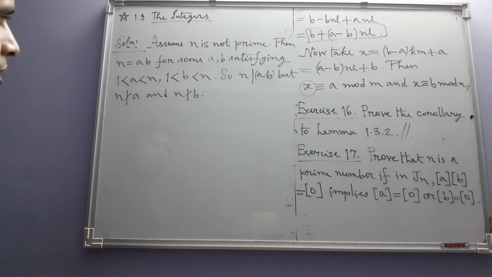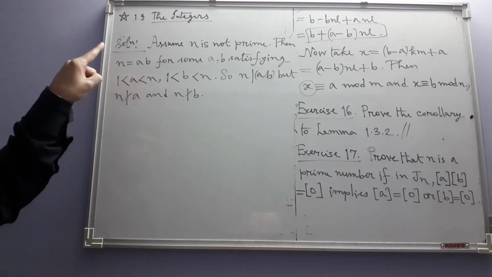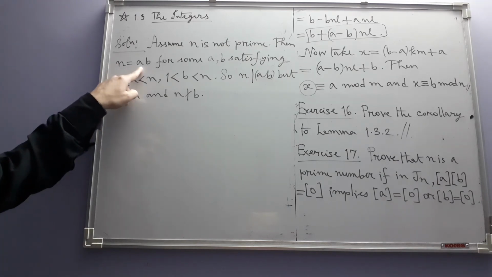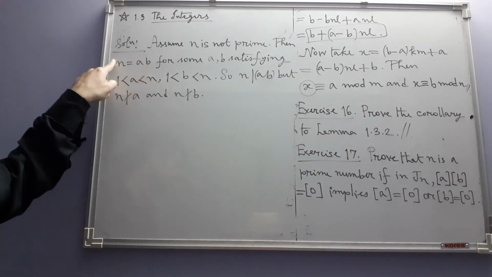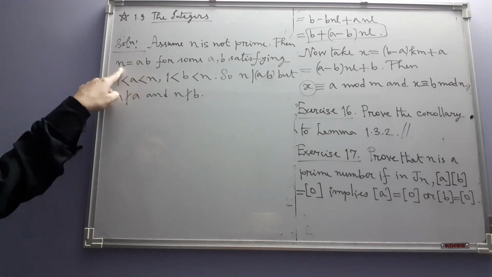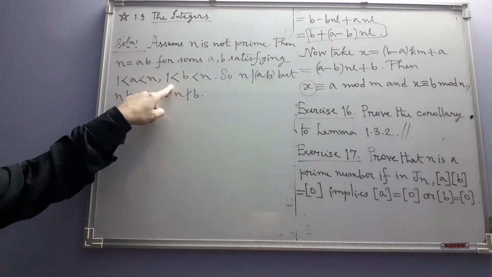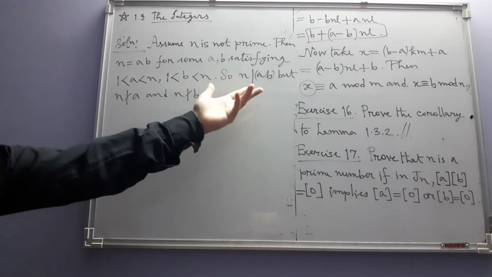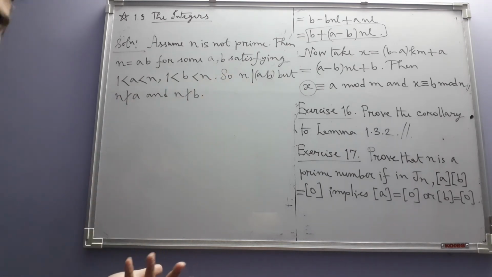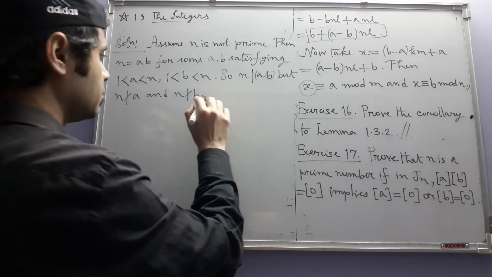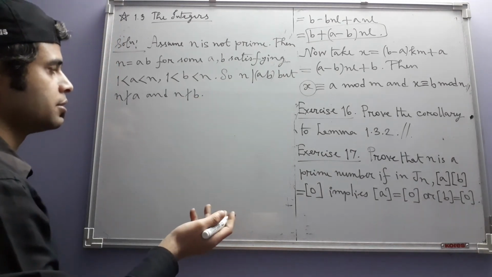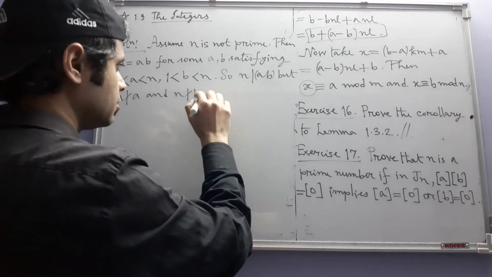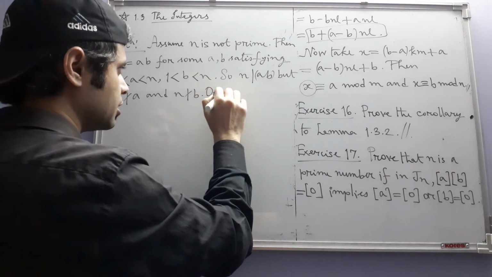We have already seen why in this case n does not divide A and does not divide B. Because if we assume n divides A, then n becomes equal to A, because A also divides n. In that case, B will be equal to 1, which contradicts this inequality. Similarly, n does not divide B. However, n divides AB because AB is nothing but n itself. In terms of congruence modulo n, how can we write these relations?